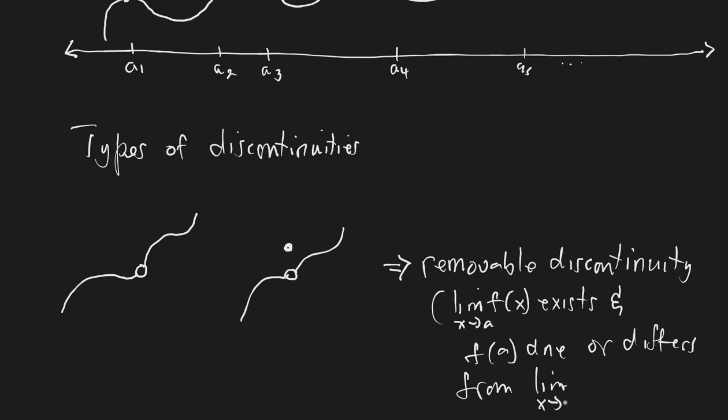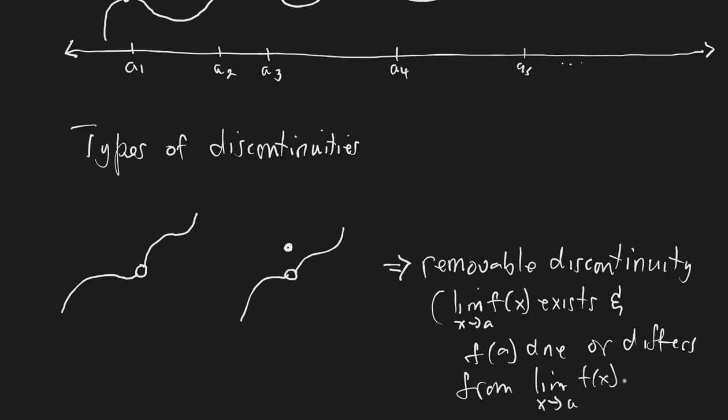But the function has to be approaching a point, whether that point is actually filled in, in a different spot or not at all, we still classify the discontinuity as removable.